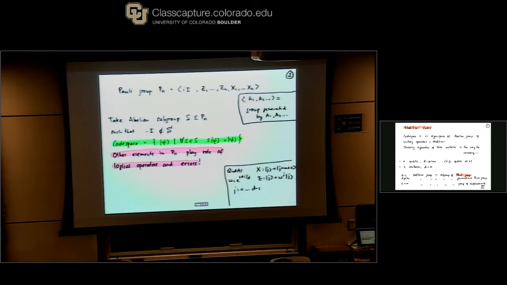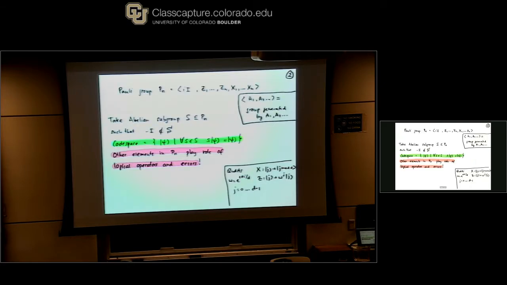Okay. So what is this Pauli? We define this formally as so if I have n qubits, I define a Pauli group. And so I write down what generates this group as single z on qubit 1 up to z on qubit n, x on qubit 1, up to x on qubit n.